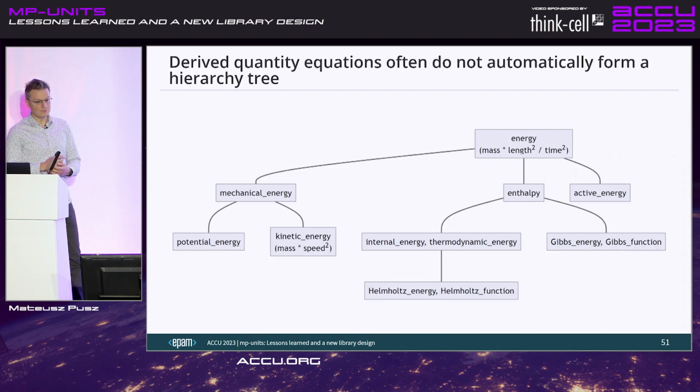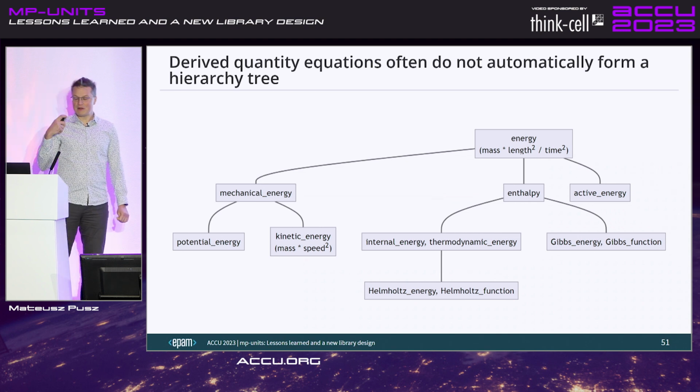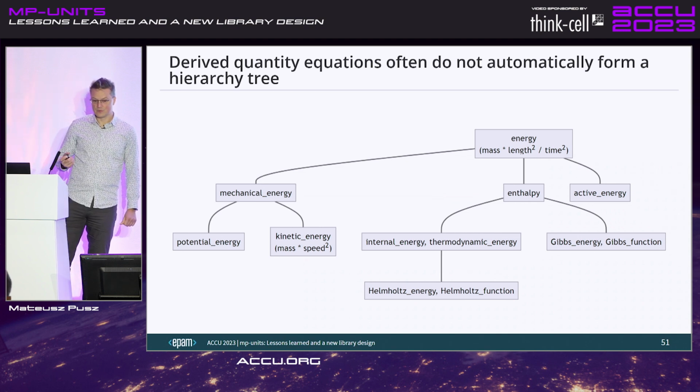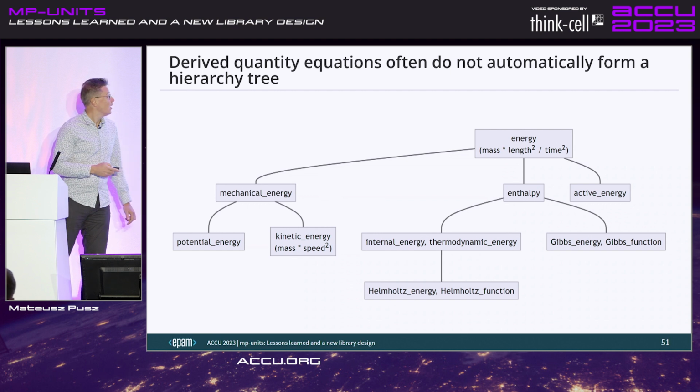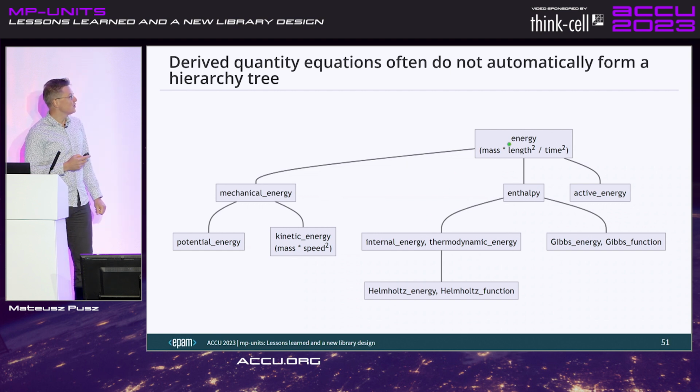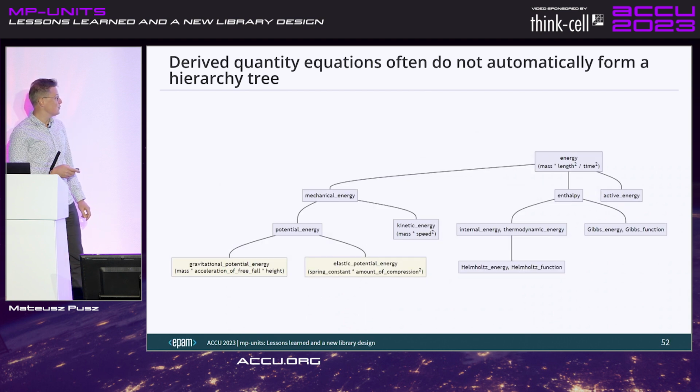All right. If you want to specify derived quantities, then you have some issues, because for derived quantities, typically you don't model this tree. You basically provide those equations like mass, length, time, or mass, speed squared by 2 for kinetic energy. Or if you extend this, actually, because it's easy for you to extend this, for potential energy, there is gravitational potential energy and elastic potential energy with their own equations.